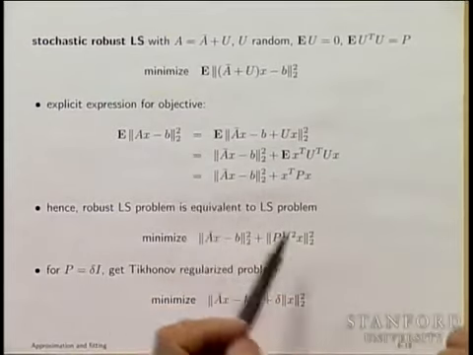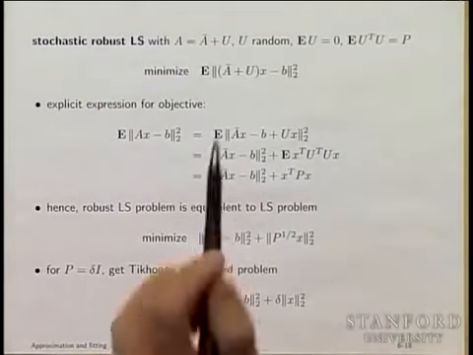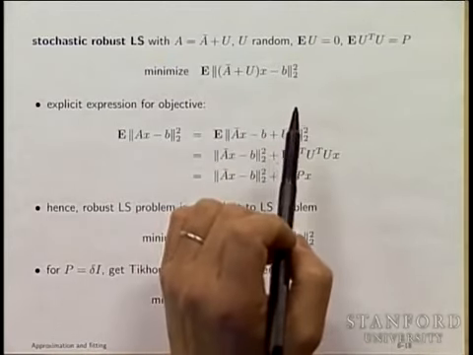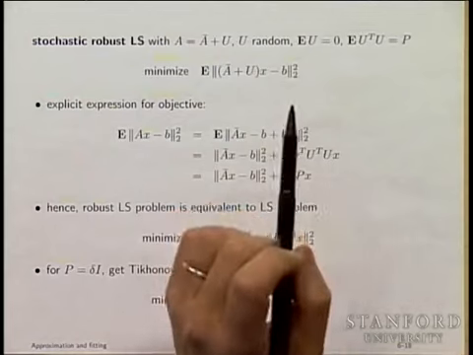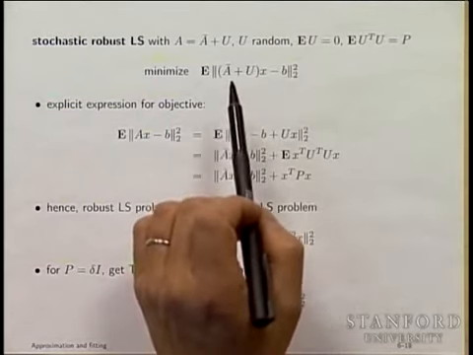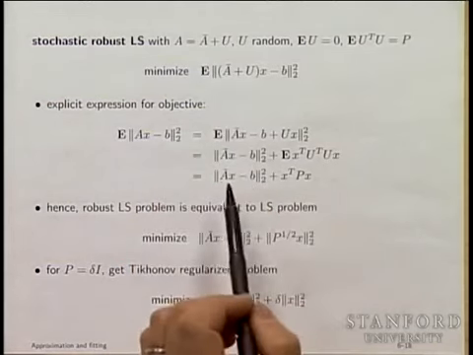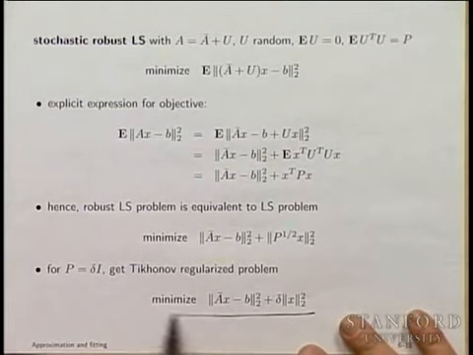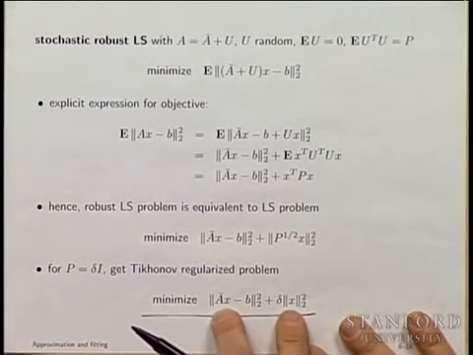And now you see a beautiful thing, that if you minimize expected norm squared, where the expectation is over the matrix A here, then it turns into nothing but Tikhonov regularization. It's quadratic regularization. So you can actually go back and look at Tikhonov regularization. If someone asks you, what are you doing?